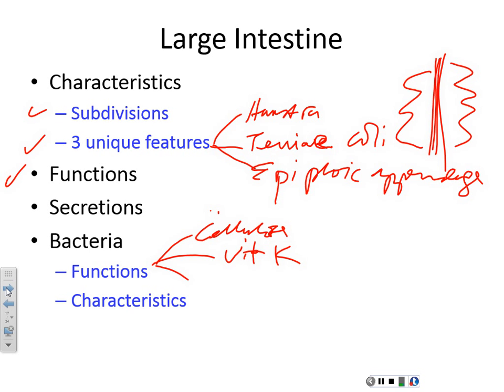But they have some other side effects, like producing flatulence, which is the gas from their digestive activities. And they form about 30% of the dry weight of feces. That's a lot of bugs, if you know what I'm saying. Dry weight, no water, and 30% of it is all bugs.